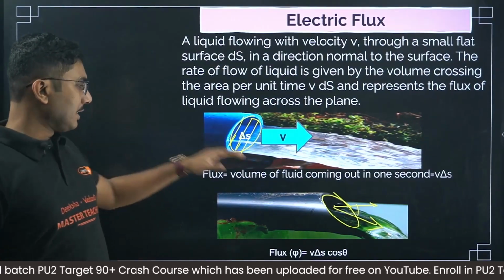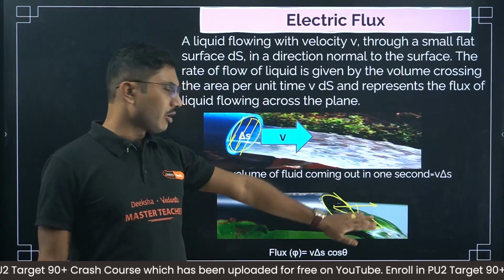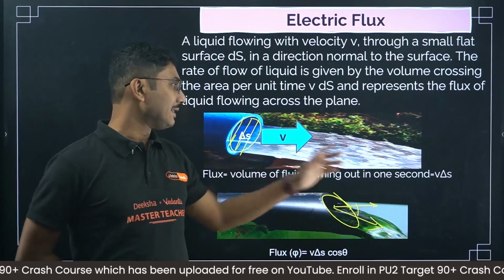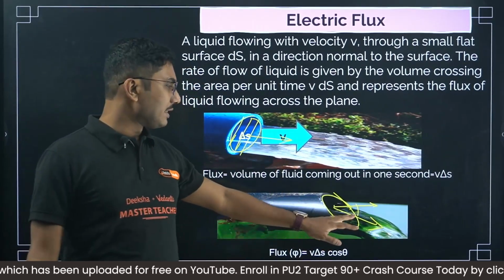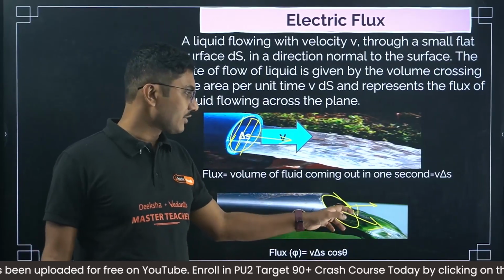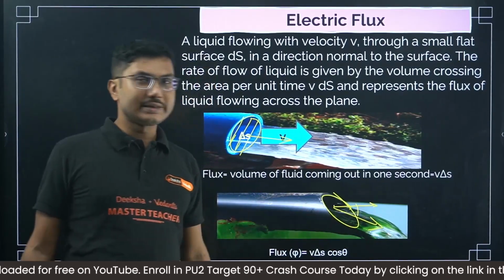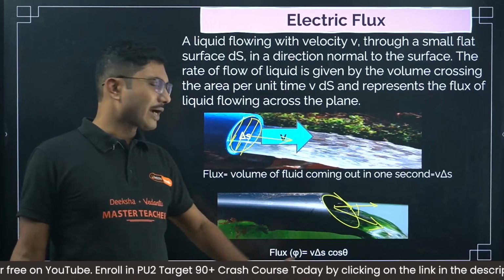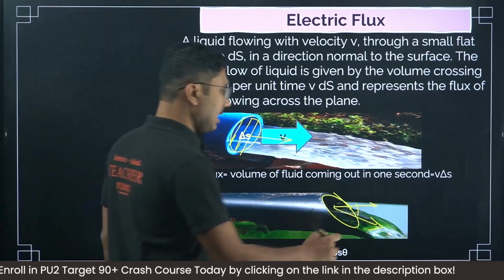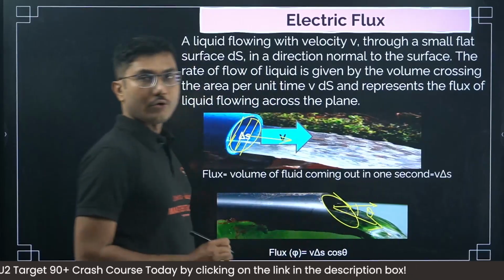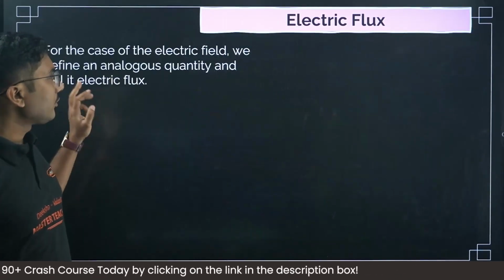In case the angle is not 90 degrees: in one case delta S and V are in the same direction, but in this case delta S and V are not in the same direction. V is in this direction, delta S in some other direction, then flux is V times delta S cos theta. You have to consider the angle cos theta. Clear? Now let's move on.